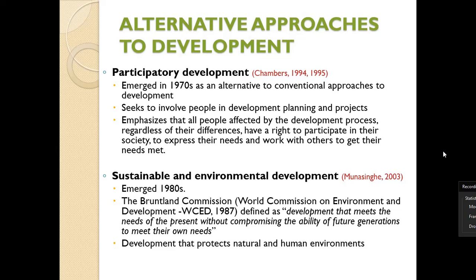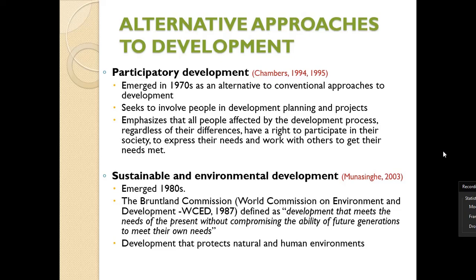For instance, if we are to do fishing, then we should do fishing in a regulated manner to preserve fish that would keep producing, so that even the next generation can benefit from utilizing such a common resource. Or if there is a forest, then that forest should be preserved, and so on.